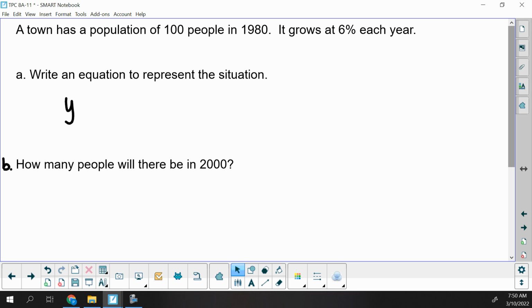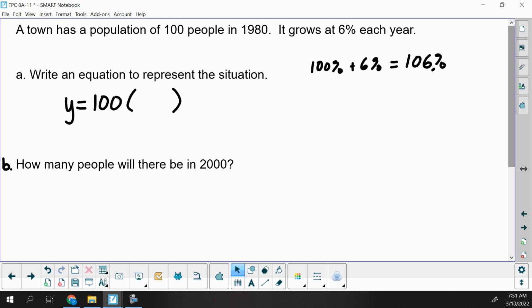For our equation, y equals a, like we saw in the bacteria growth, is our starting or initial amount, which in this case is 100 people. For our b value, when you're working with a percent, you always start with 100%. Since we are increasing, we add our percent onto that, and this gives us 106%.